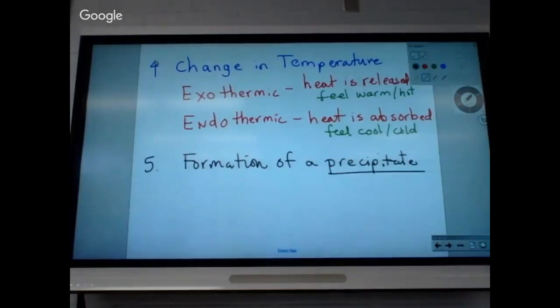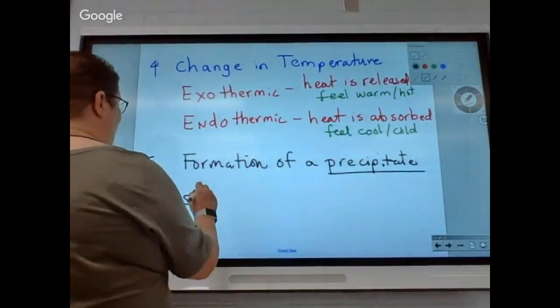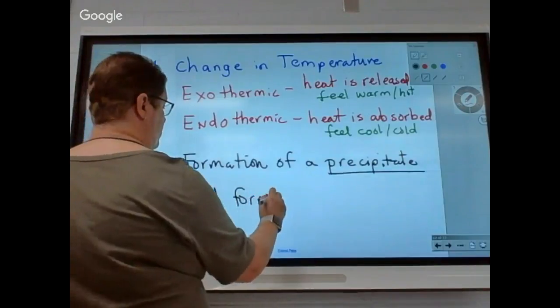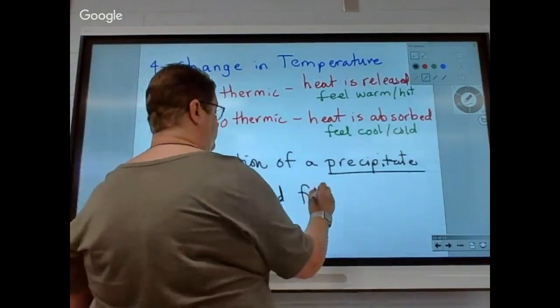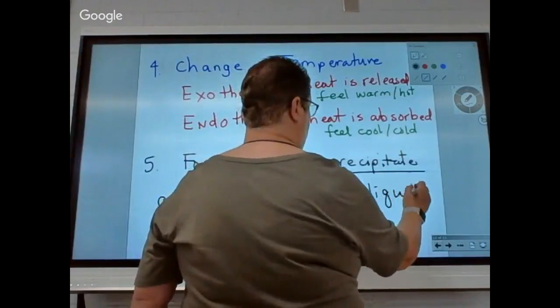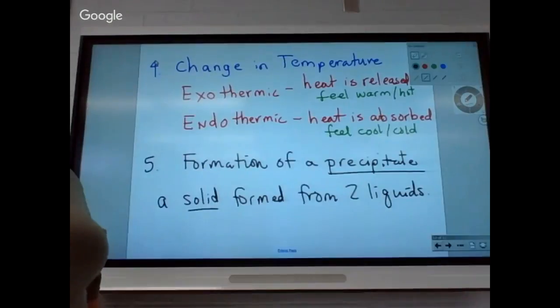A precipitate in chemistry class is a solid. A precipitate is a solid formed from two liquids. Okay?